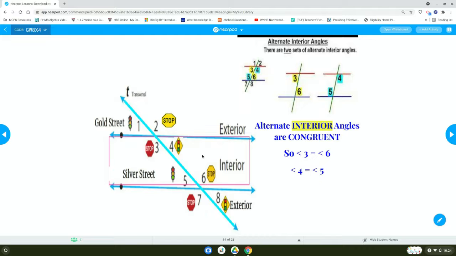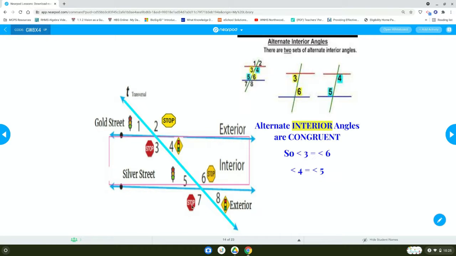So look carefully before we answer the next question. Angle 3 is playing tag with angle 6. They are alternate, but they are on the inside. That's the difference. They could be alternate and be on the exterior. That will be 2 and 7, hiding behind the transversal line.